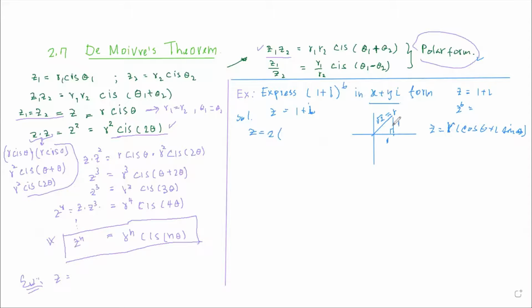And cosine, you just list it, right? This is theta, so cosine is adjacent over hypotenuse, so you have 1 over root 2. So theta equal to pi over 4, the first quadrant. So this theta equal to pi over 4.